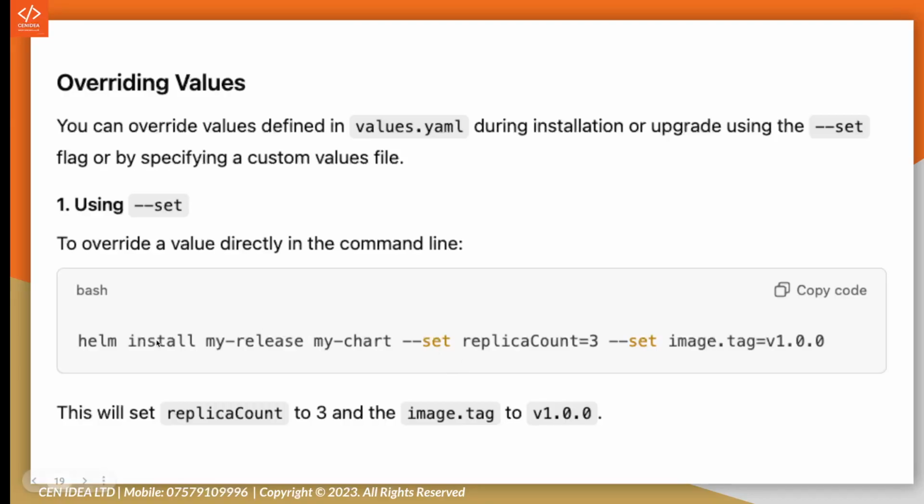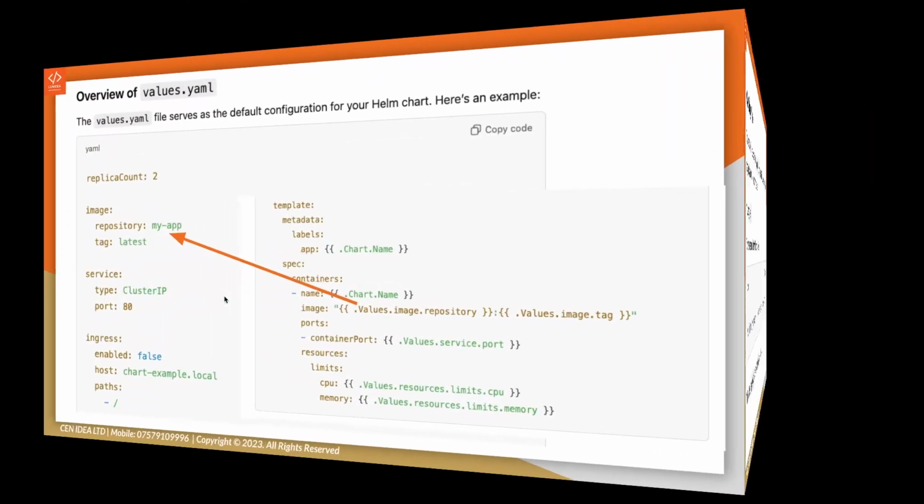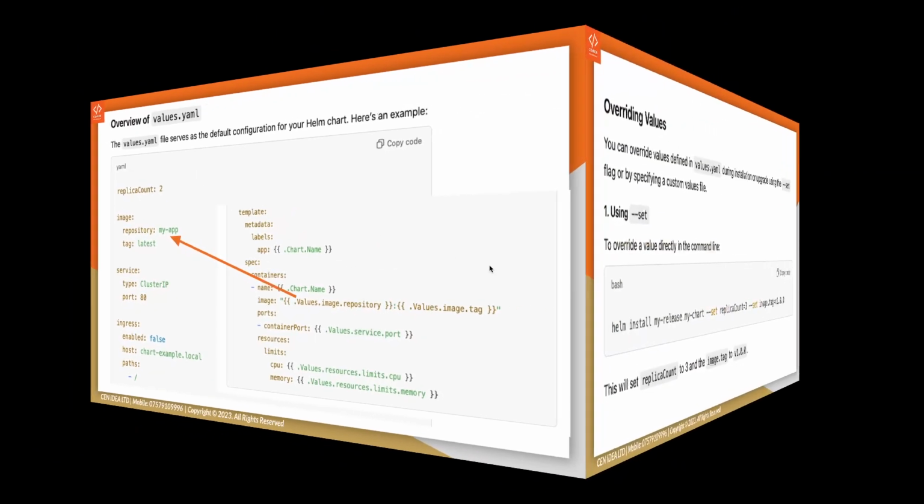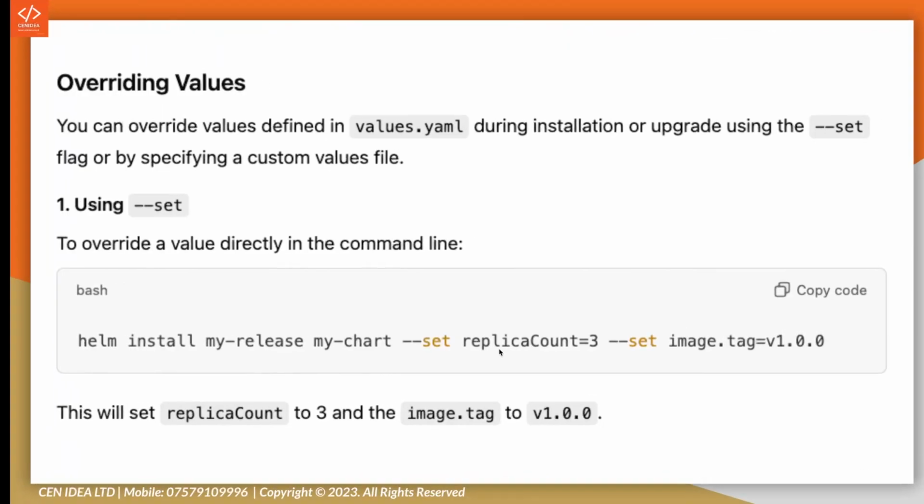An example here is if you want to install the Helm chart, you can just say helm install my-release, which is the name. This is just a custom name that you give to your installation, and then this is the name of your chart itself. But then if you use --set and mention anything that you have defined here, an example in this case is replicaCount to 2, but in this case I want to experiment and set the replicaCount to 3.